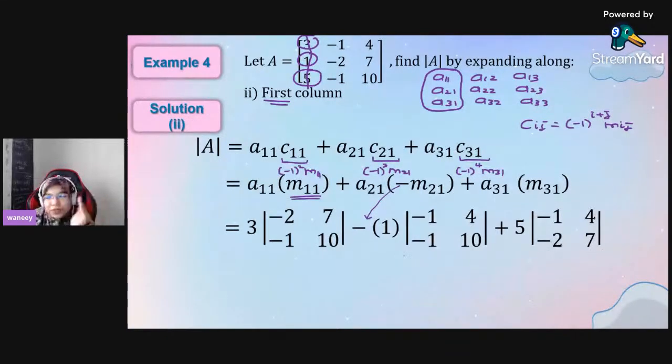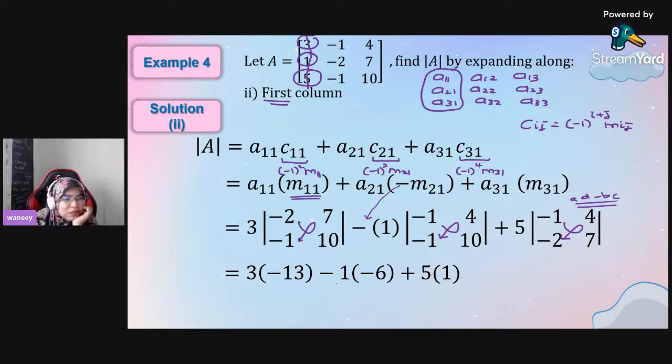And then of course for each of them, you are going to do AD minus BC. Use the formula AD minus BC for each of them.